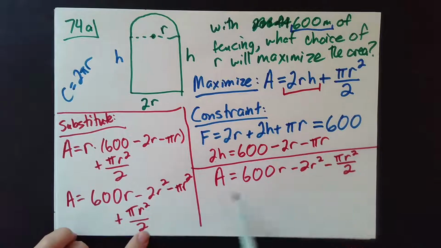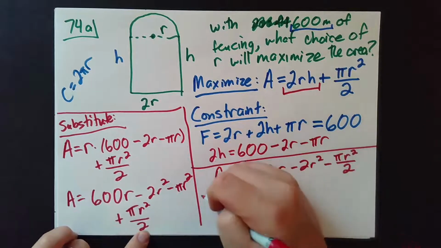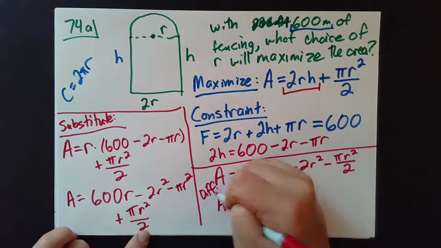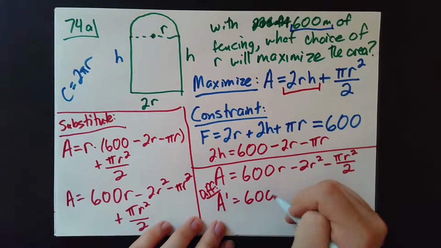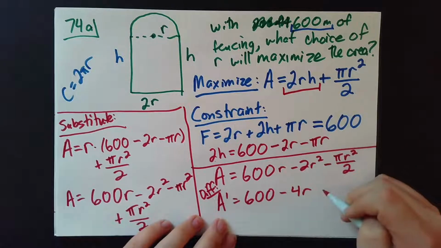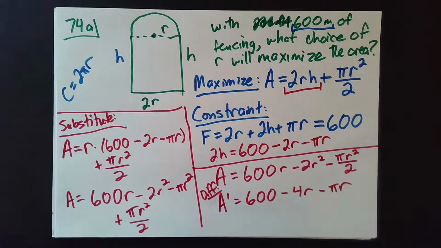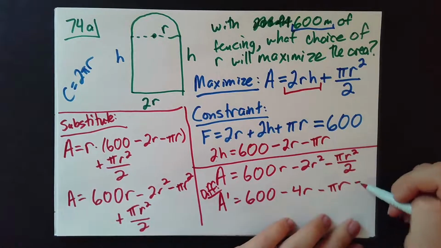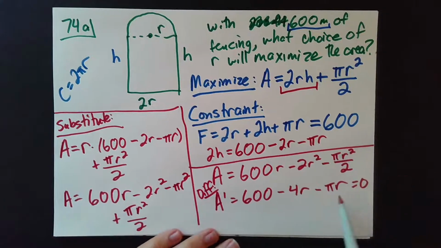And so once I've written this down as simply as I reasonably can, I take the derivative. And so that in this case will be 600 minus 4r minus pi r. And then I set this equal to 0, and I solve this for r. So I can move all the r stuff over to the right.